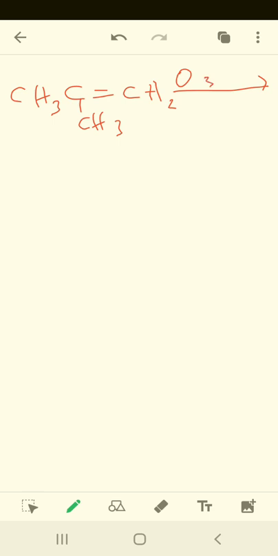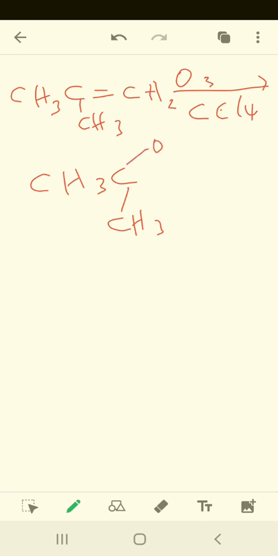This reaction is very common and very important in ozonolysis. In the presence of carbon tetrachloride, you first form an ozonide, where this carbon atom is a branch, and the three oxygen atoms are shared among the carbon atoms like that.